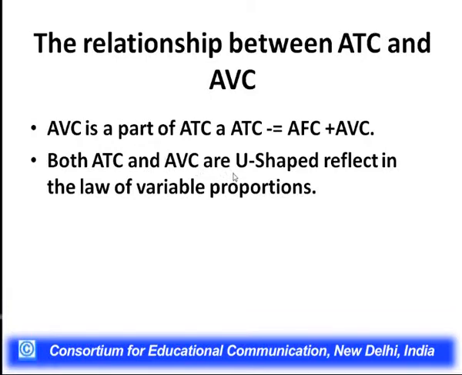Then we reach the optimum input ratio, and we have the law of constant returns to a variable factor, where average cost is minimum, and after that we have the law of decreasing returns to a variable factor, which leads to an increase in the per unit average cost of production.